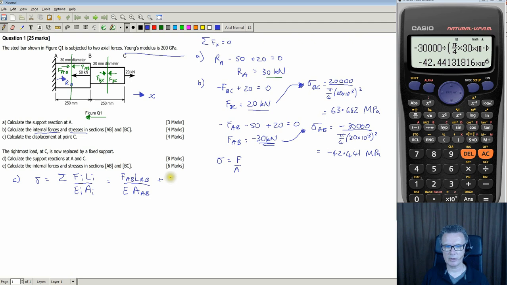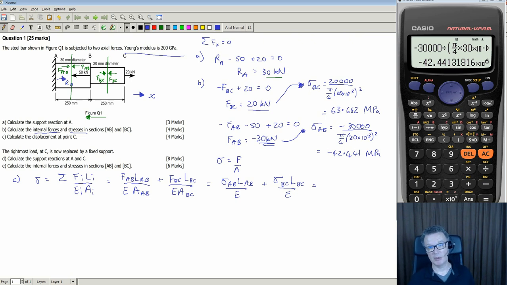Plus the next one, FBC, length BC divided by E, and ABC. So, actually, if we notice a trick here, F over A is stress. So we could rewrite this as stress AB, length AB divided by E, plus stress BC times LBC divided by E.